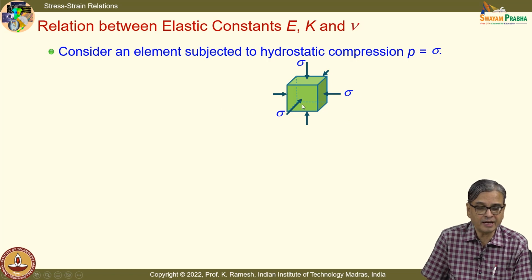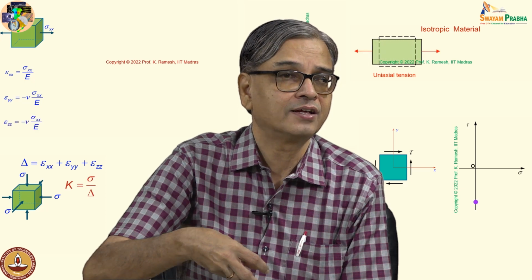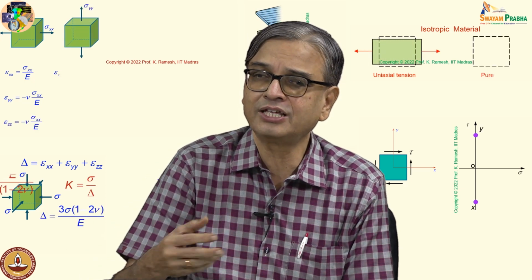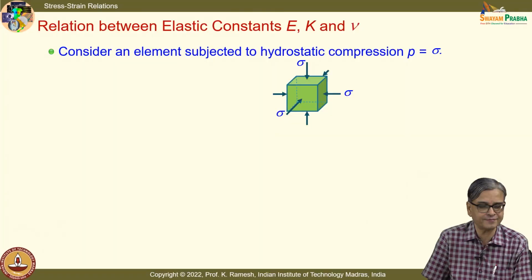And I have stresses acting on all the three faces, they are of equal magnitude. That is why it is called hydrostatic. The idea is if you immerse anything inside a liquid, you will have equal pressure acting on all sides. So, it is a hydrostatic state of stress.